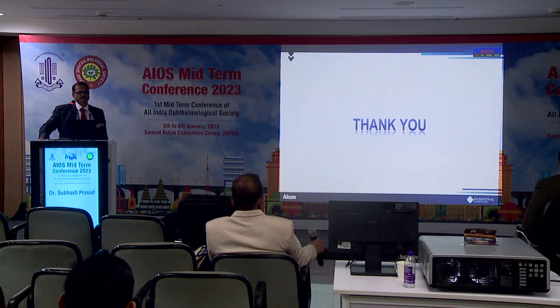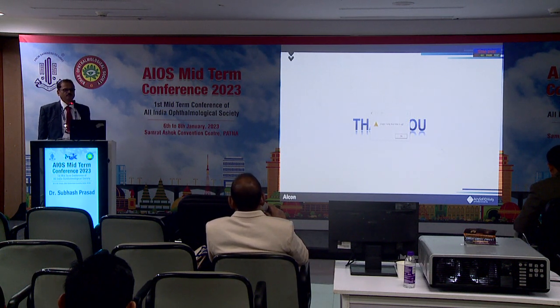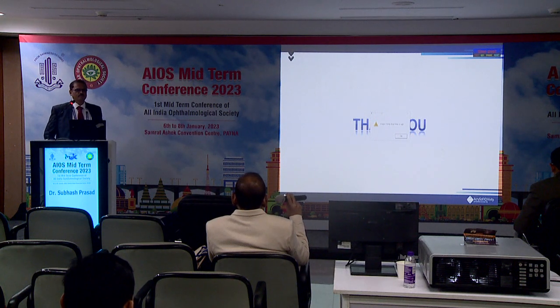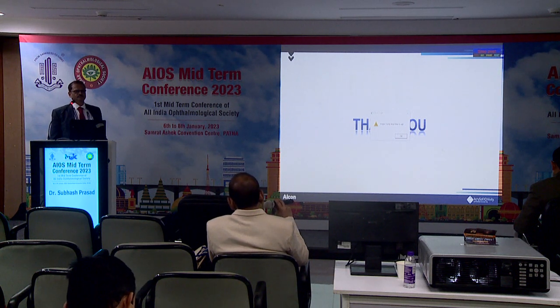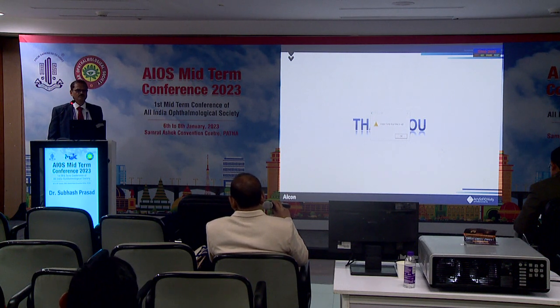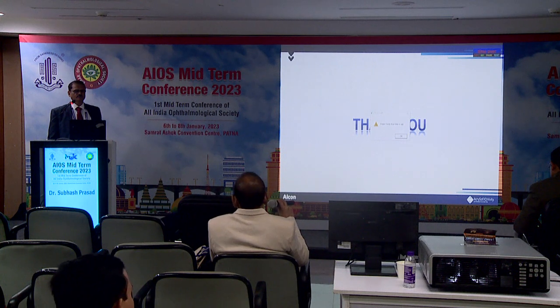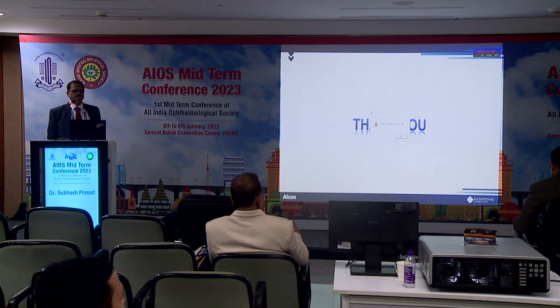Yeah, that has been our experience also, that even astigmatism of the order of 0.5 and 0.75 is not well tolerated. So it's always advisable to use toric lenses as and when required, or a steep axis incision.